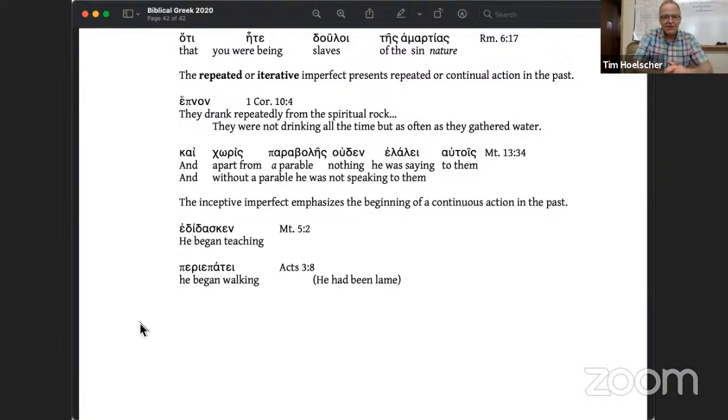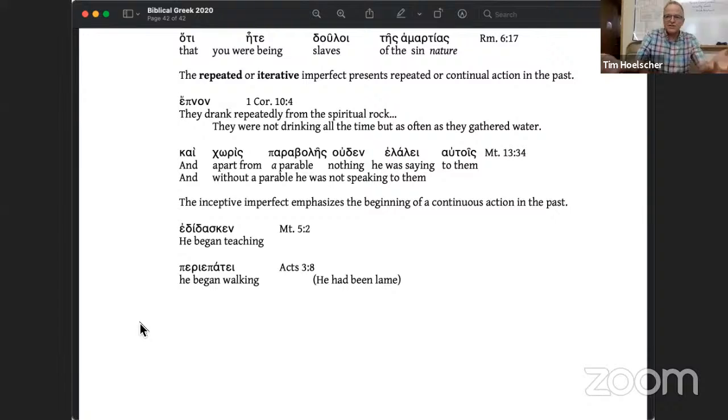He sat down, I think in Matthew 5:2, his disciples came to him, and he sat down and began teaching them. I don't even think we need to say "began teaching them." We could say, and he was ongoing teaching them in this particular setting. But with "began," they're trying to say he hadn't been doing this until they came in and sat down, and then he began doing it. Same thing in Acts 3:8, where we have the man that's lame. This is the time where Peter and John say, "Silver and gold we don't have, but what we have we give to you.